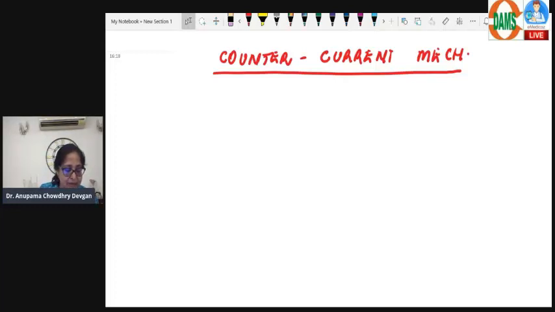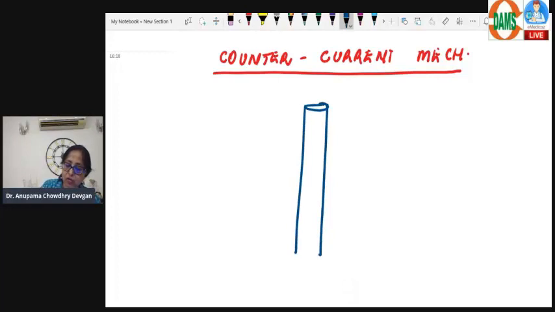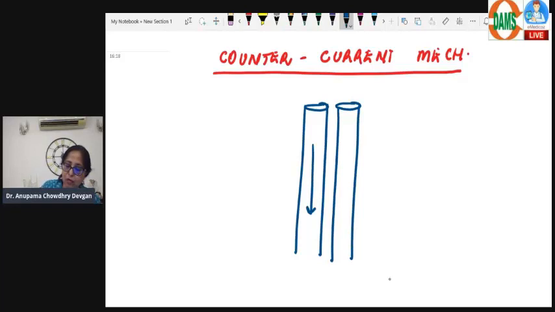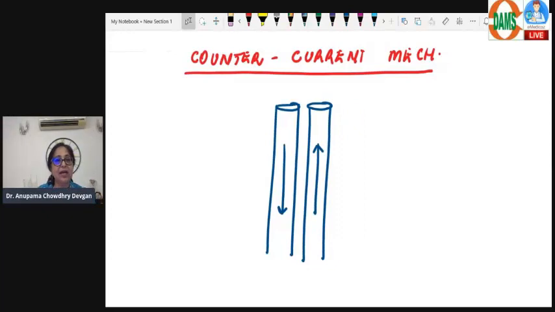Let's see now the counter current. What do you understand by counter current? Counter current is whenever you have two vessels which are close to each other, parallel to each other, and with flow in opposite directions. That is called a counter current, right?